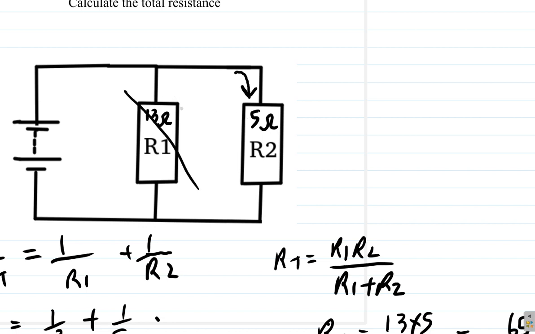Suppose you did not have this at first, and you have only the 5 ohms, then you can have a current flow here. But when you put this 13 ohm here, it makes it easier for the current to flow, because not only can they flow here, current can flow down here too. So you have less resistance. There's an easing in the traffic.